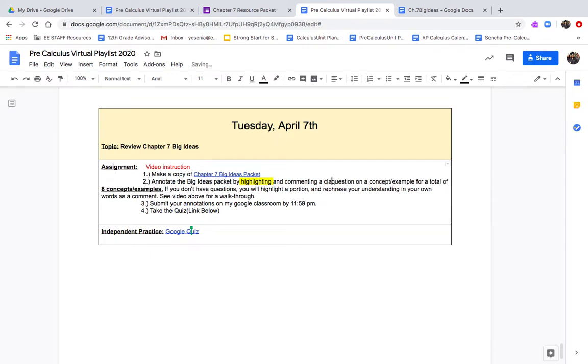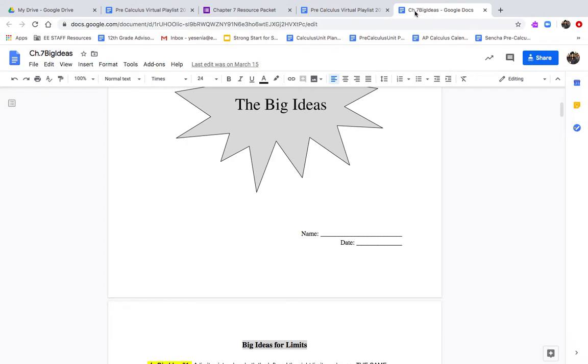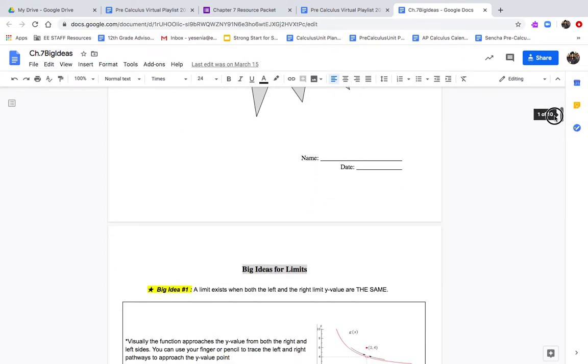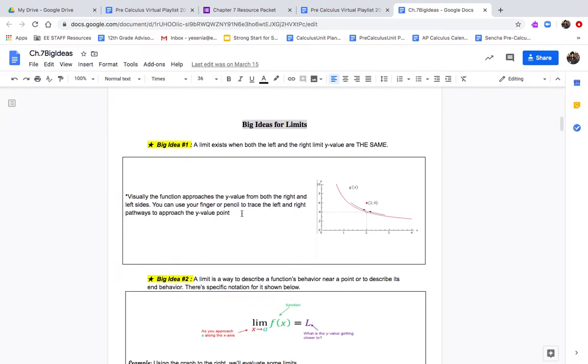Again, I want to make sure I'm clear here. So, a clarifying question. All right, let's go ahead and try to do that. It could be on a concept, or it can even be an example. So let's say I'm a student here. I'm taking a look. Okay, big idea: a limit exists when both the left and the right limit y value are the same. Maybe a question.